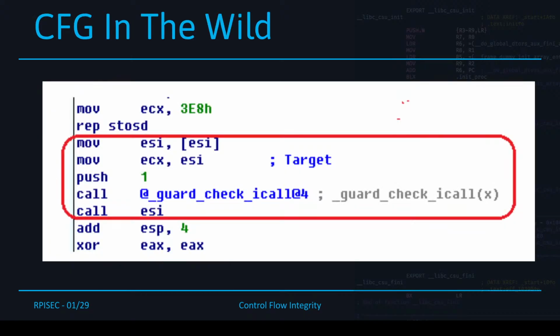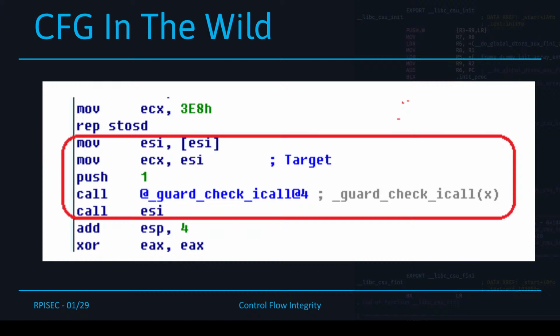However, the issue with forward edge CFI is this only works when you're calling an address. So for example, when you have a function pointer, this works great because you're able to look at that function pointer and say, okay, here's every valid place where it could be pointing.